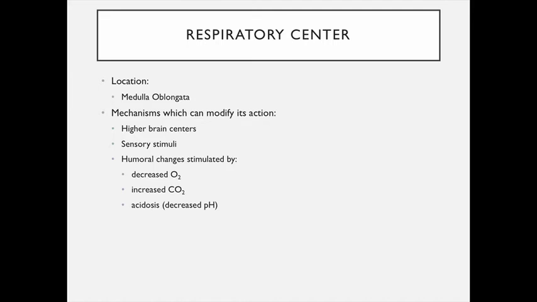So higher brain centers, which would mean someplace above the brainstem essentially, can definitely influence the respiratory center. Sensory stimuli can influence the respiratory center too, all kinds of sensory information coming in.